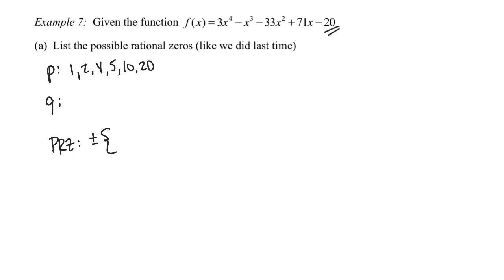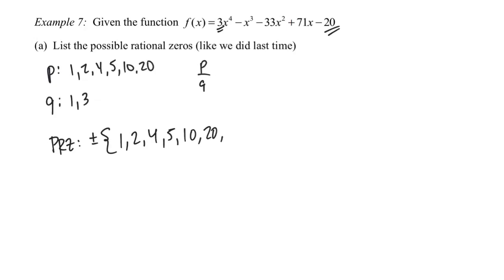Okay, and then Q is the factors of the lead coefficient. And so the lead coefficient is 3. The only two factors of 3 would be 1 and 3. And so to find the PRZs, I know that I do P divided by Q. And so every P divided by each of the two Qs. So if I take all of those P's and divide by 1, I'm just going to get themselves right back.